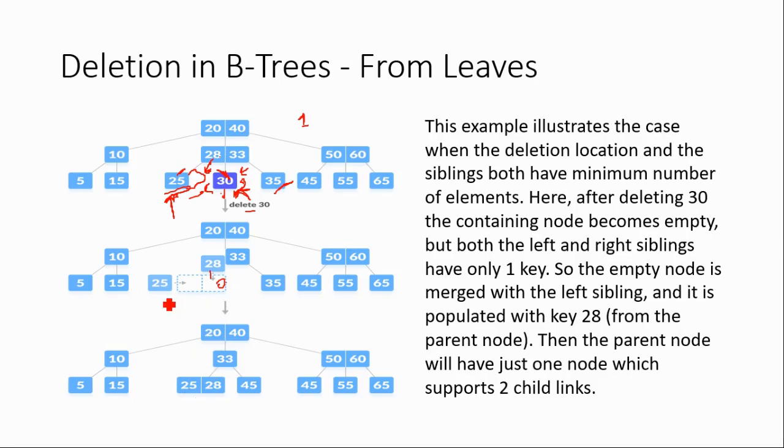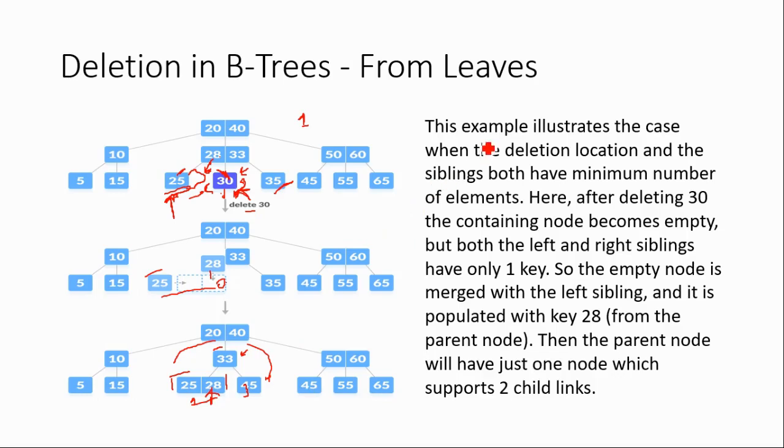So we have a new node which contains two elements, 25 and 28. After that the parent node has only one element which is 33, and then we have the right sibling, which would have been 35, not 45. So now this subtree will have two children. The parent node will have two children instead of 3, which was earlier.